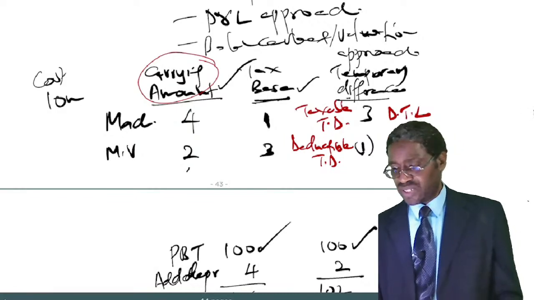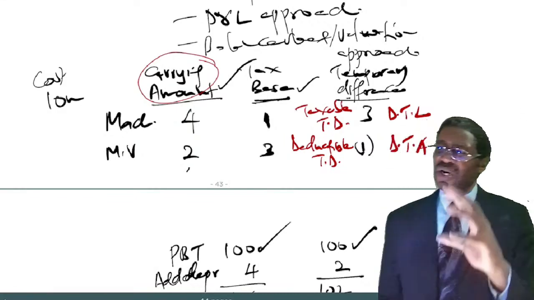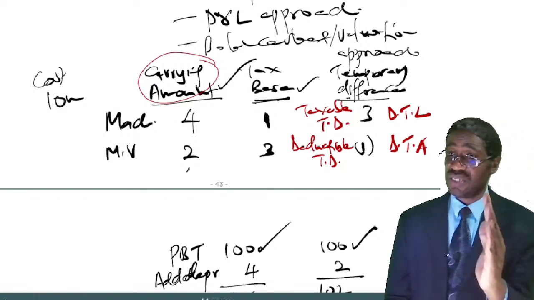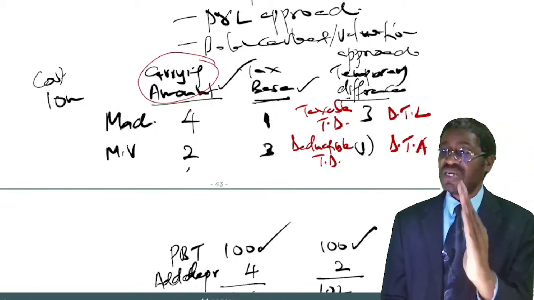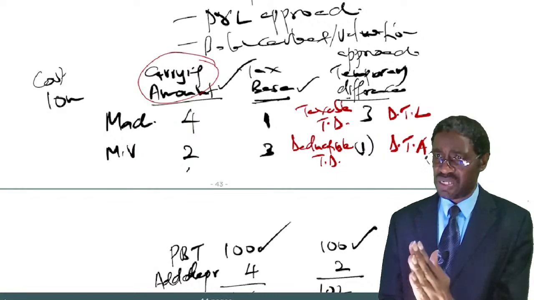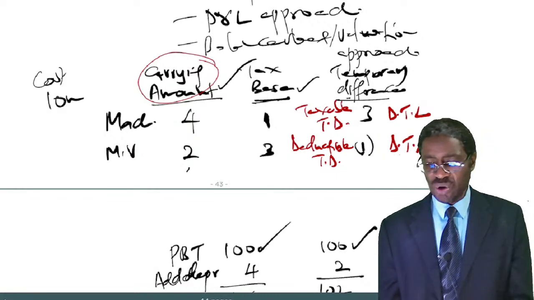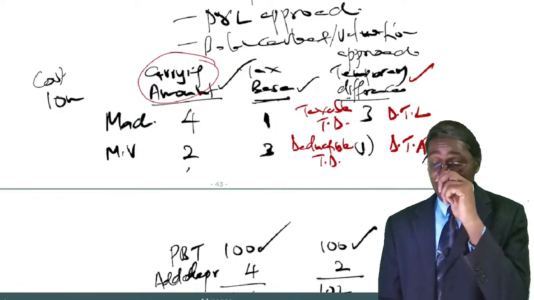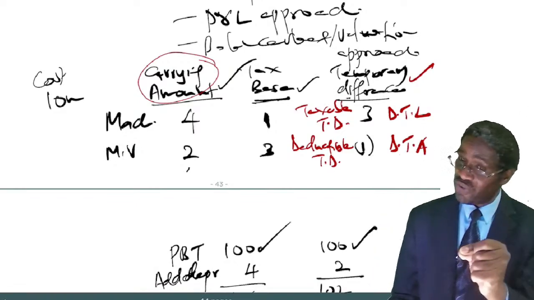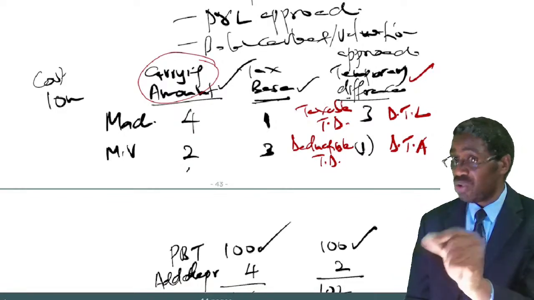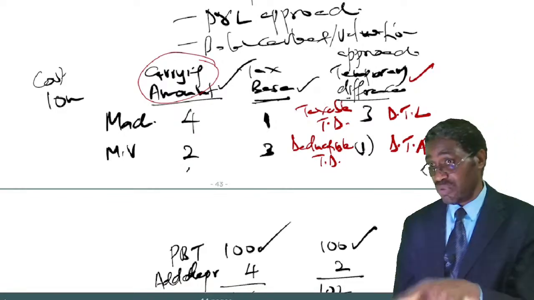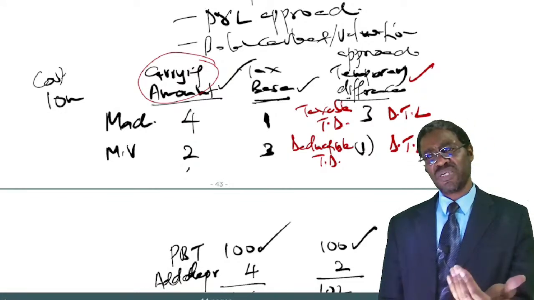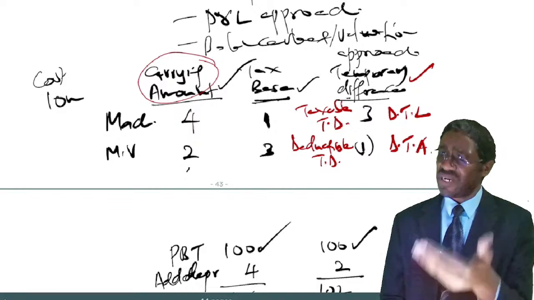Next, the difference between the carrying amount of an asset or liability and its tax base is called a temporary difference. Temporary difference can either be taxable or deductible. If it's a taxable temporary difference, then it creates a deferred tax liability.